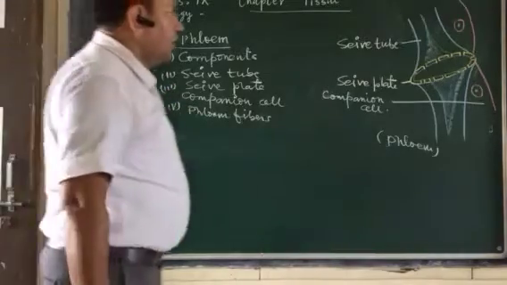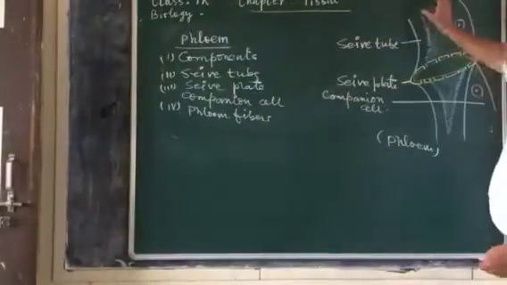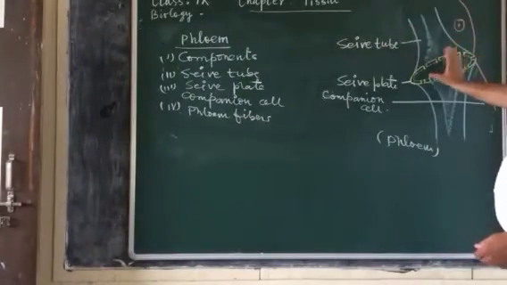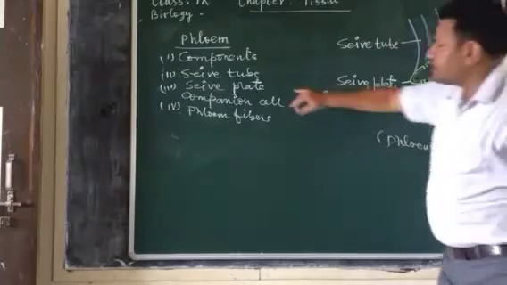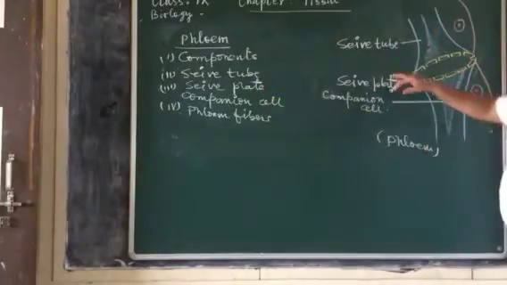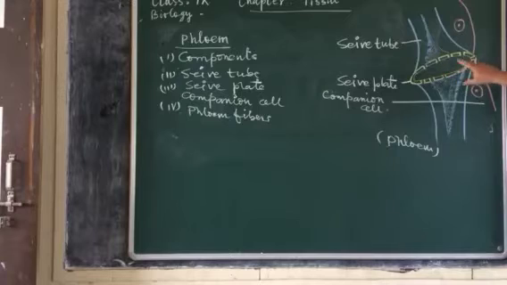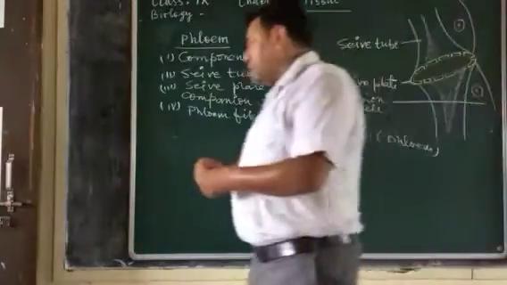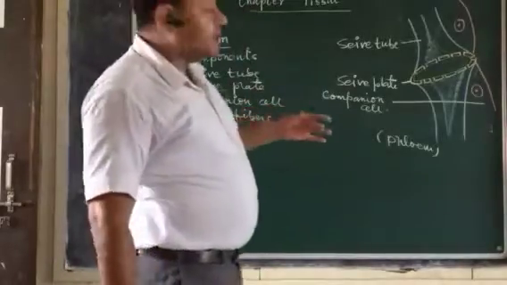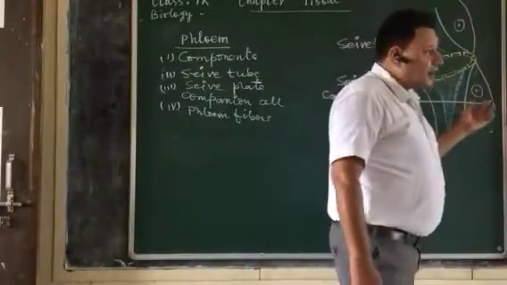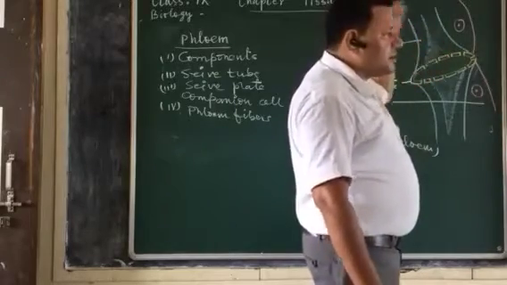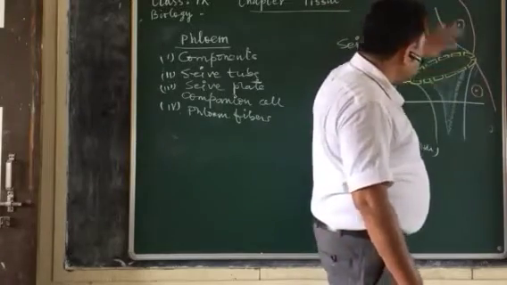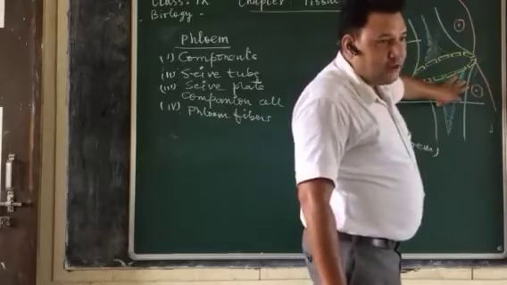You can see that this is in the form of a tube where the sieve plate is present, and this sieve plate is not continuous. Numerous pores you can see. These pores are made for translocating the water and minerals dissolved in water from one cell to another.